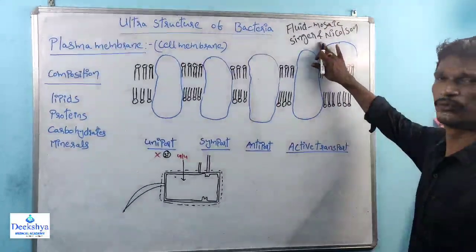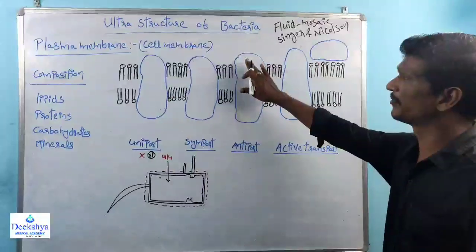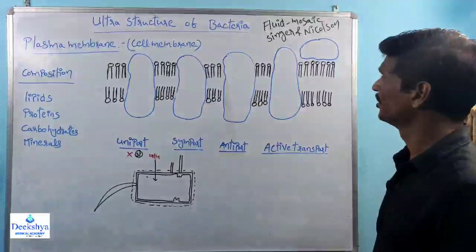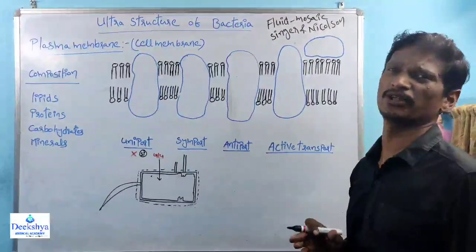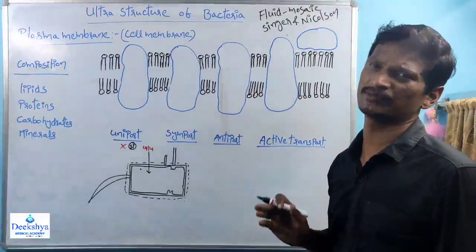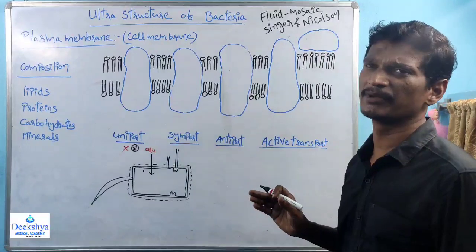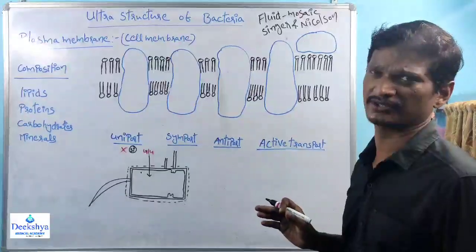Fluid and mosaic model is the best model regarding the plasma membrane. Why is this the best model? Because it explains the semi-permeability of the plasma membrane. This is the only theory that explains the semi-permeability of the plasma membrane structure.